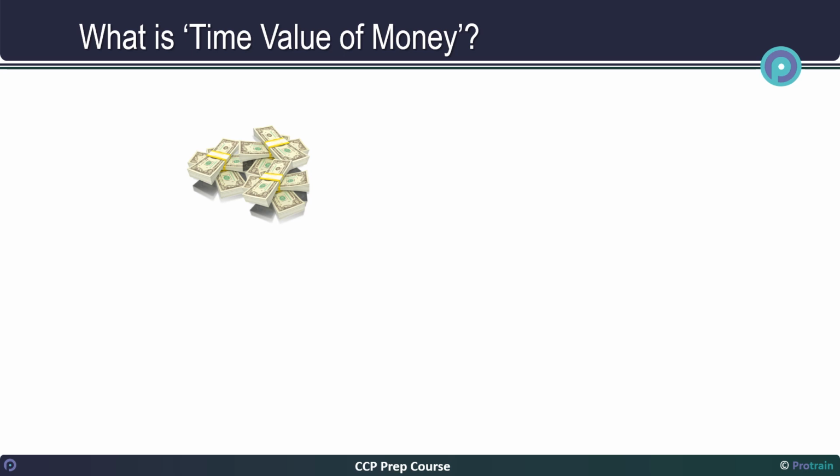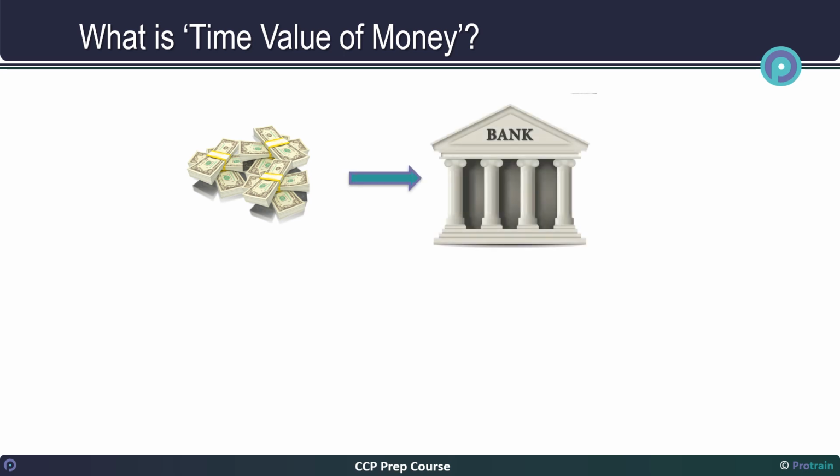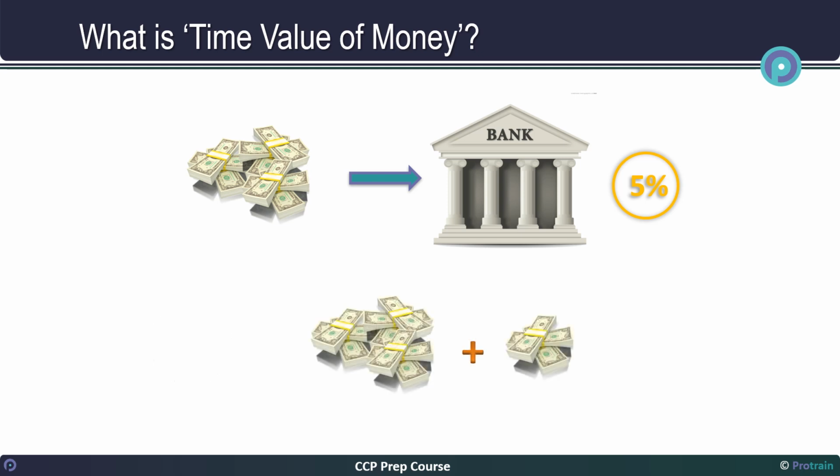Well, the least risky thing is to deposit it in a bank. Say, John does the same and he deposits the money in the bank. The bank offers him 5% interest rate per year. And the year passes. After 1 year John goes to bank and bank returns him the principal amount and interest.